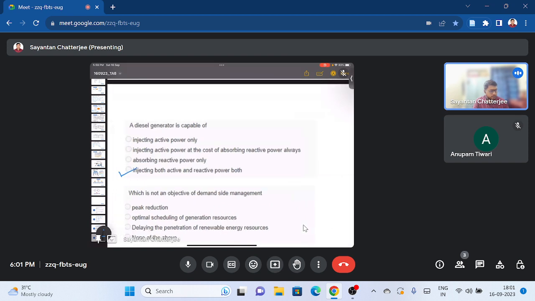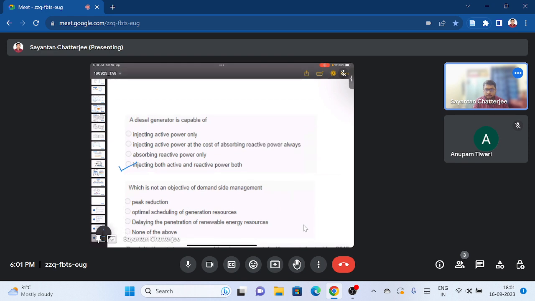Which of this is not an objective of demand side management? Peak reduction, optimal scheduling of generation resources, delaying the penetration of renewable energy resources, none of the above. Not an objective function of DSM.